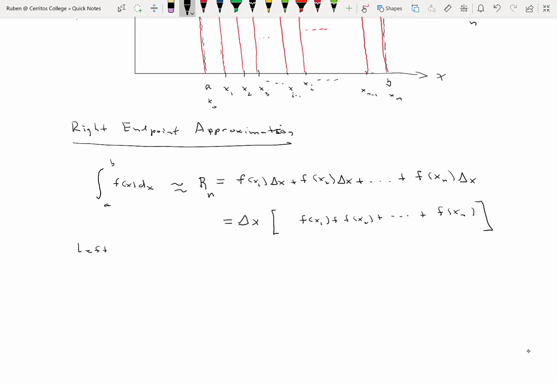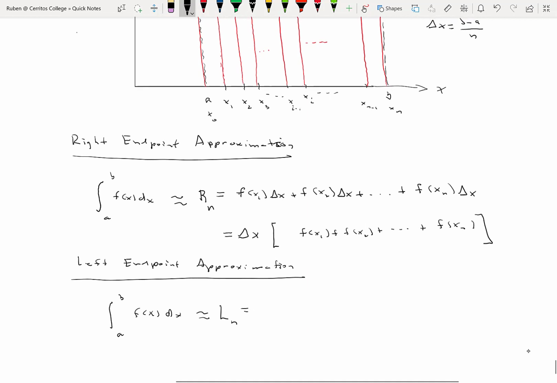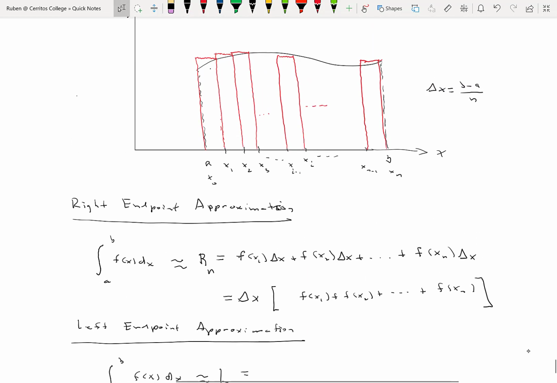The left endpoint approximation is abbreviated as L sub n, so the integral from a to b of f of x dx is approximately L sub n. And for L sub n, instead of taking the right endpoint of each of the subintervals, we take the left endpoint of each of the subintervals.